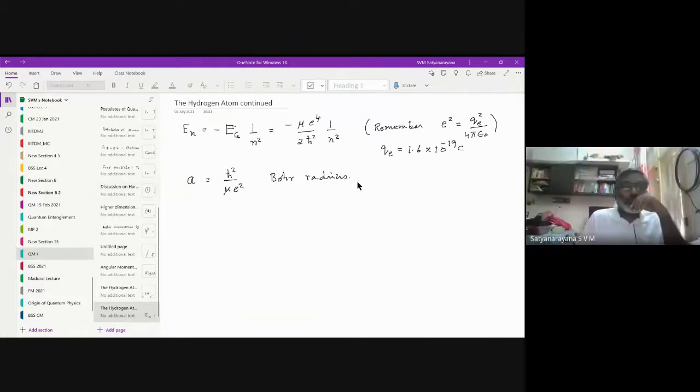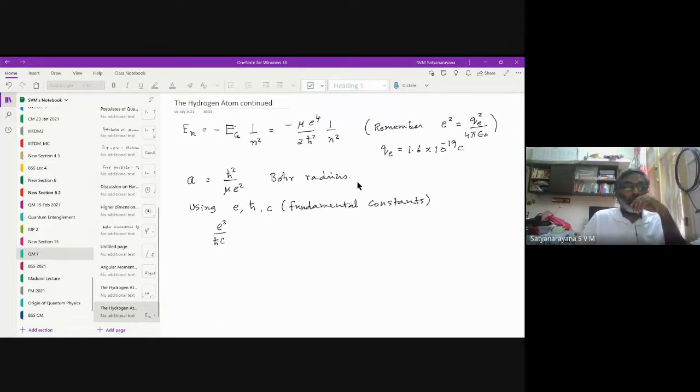Now, using fundamental constants, that is using electron charge, h bar and c, one can construct a dimensionless quantity. That is, you can write down e square by h bar c.